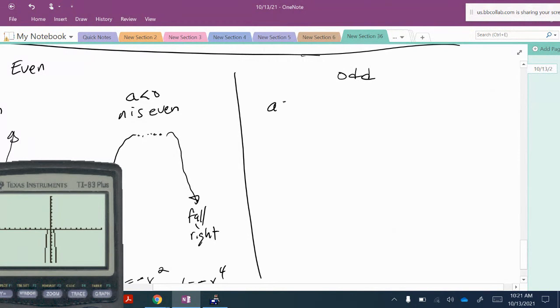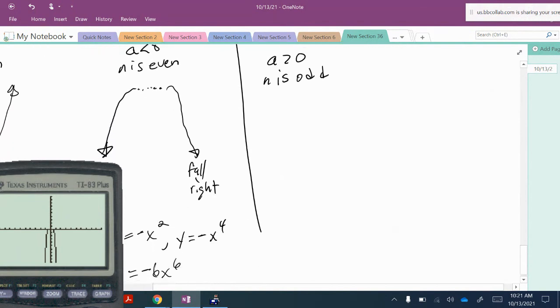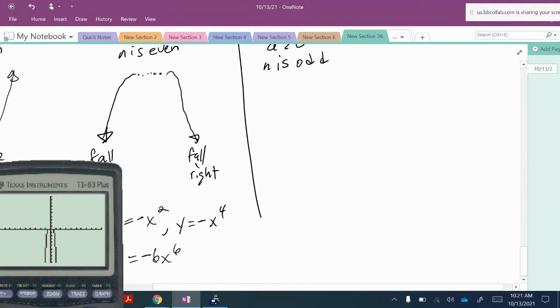So if a is greater than 0, and if n, which is the power, is odd, then your graph is going to fall to the left and rise to the right.